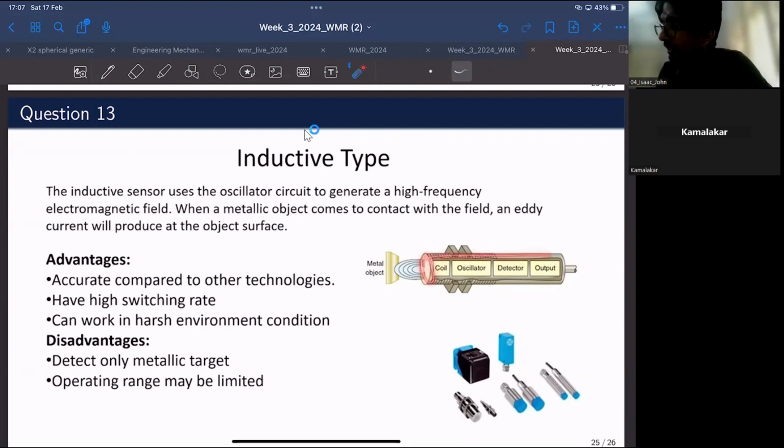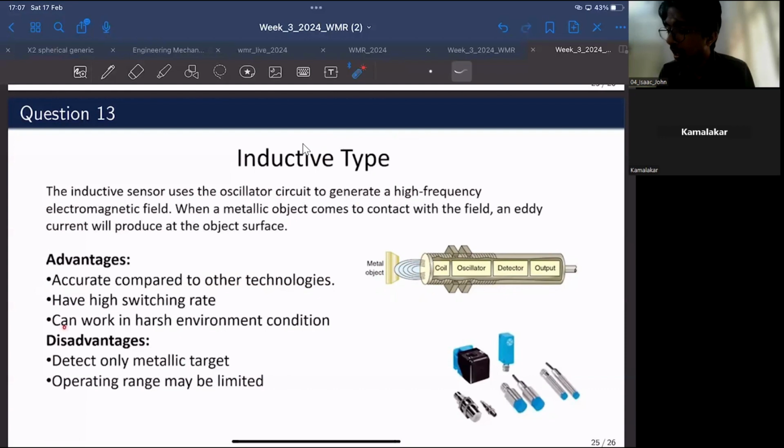And the change, or the magnitude, of this eddy current can be used as a measure to determine how close that metallic object is. So it is very highly accurate compared to other technologies, because it's only measuring these eddy currents, and if you calibrate the current measured with the proximity to the object, whatever is measured can be highly correlated with the proximity of this object.